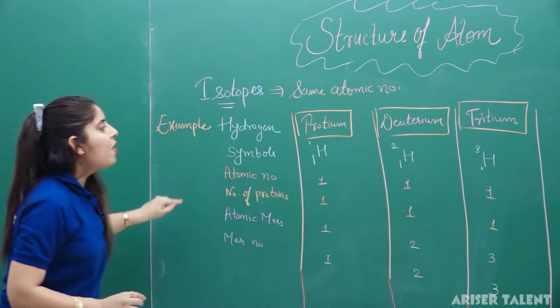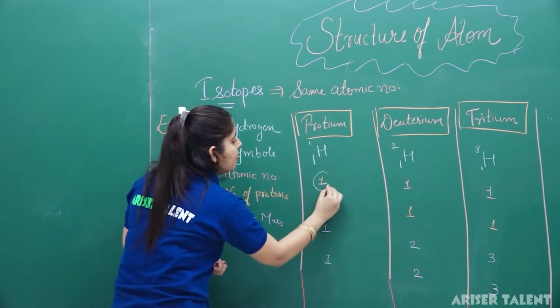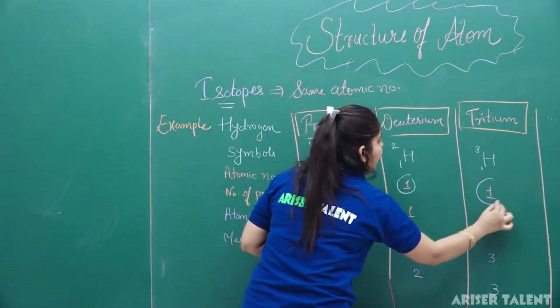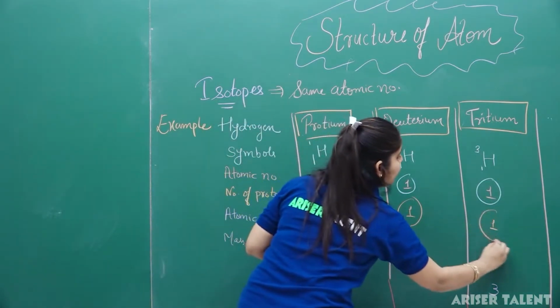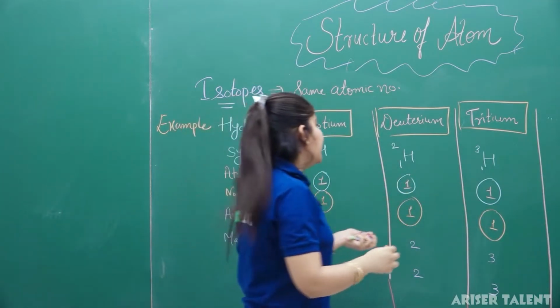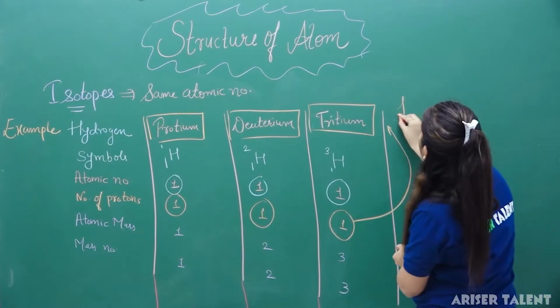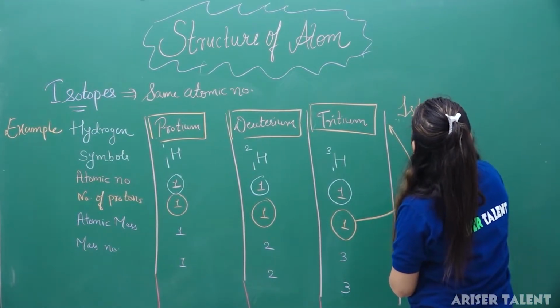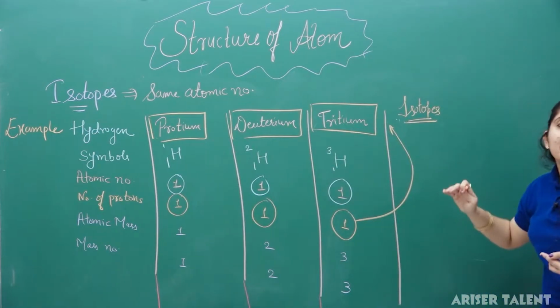So what we have observed from these three elements, the atomic number, or we may say the number of protons, is the same in all these three categories. So these three are regarded as isotopes of that element. So these are actually the isotopes of hydrogen.